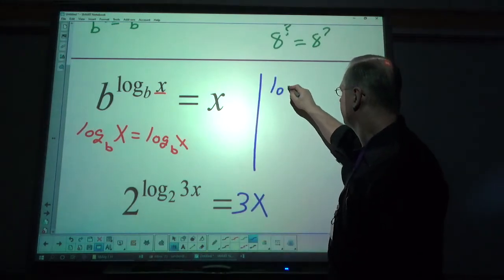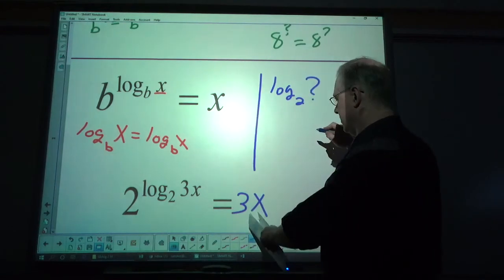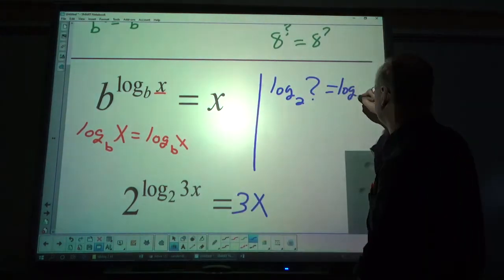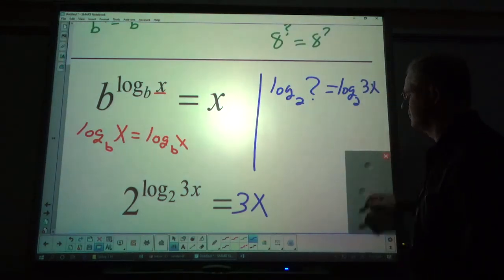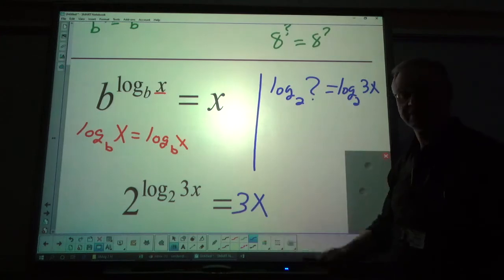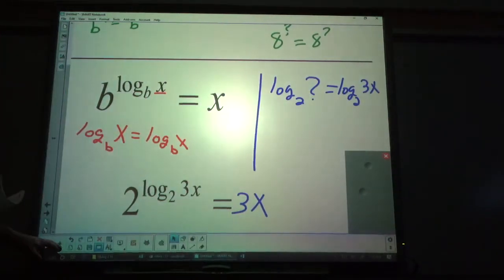The log base 2 of question mark has to equal the exponent, log base 2 of 3x. So question mark has to be 3x. And that is just about it.